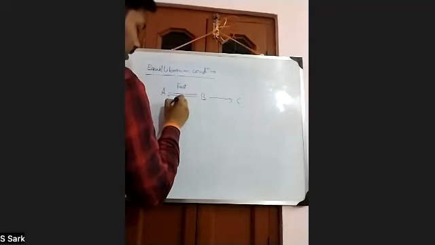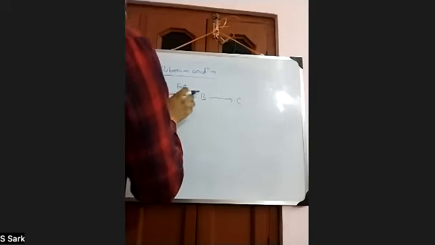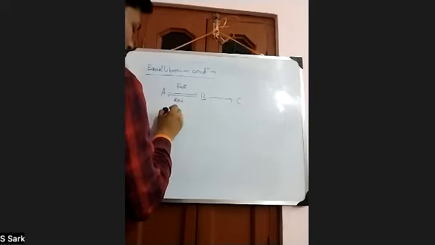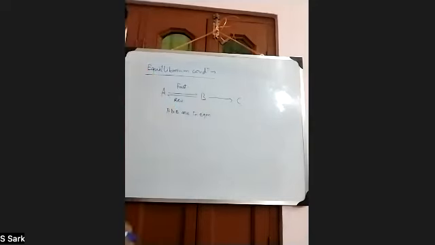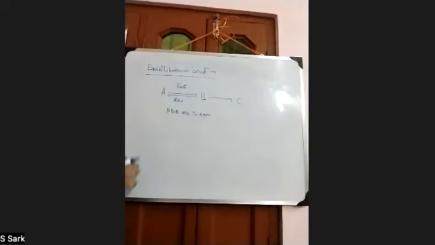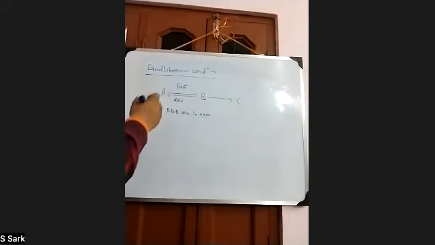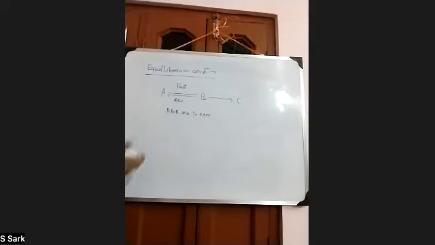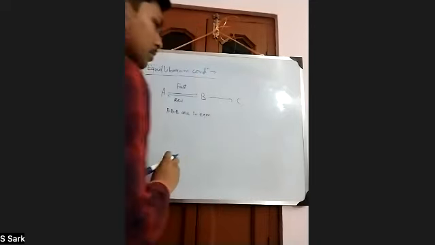So A and B are in equilibrium. It is also an approximation process to get the ultimate rate equation for a reaction which consists of multiple species like intermediates or something else. So this type of equilibrium condition, like the steady state approximation process, is used to calculate the final rate equation of a reaction.